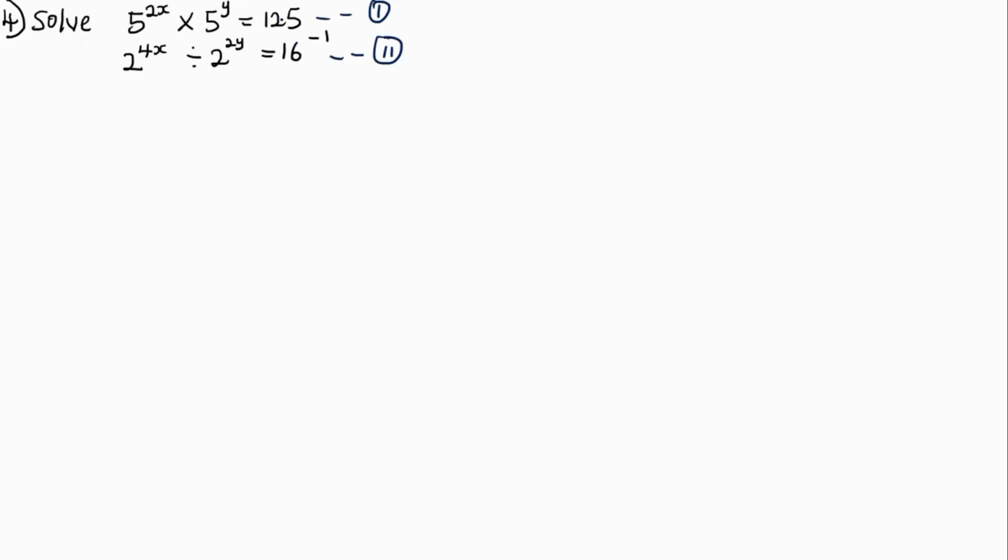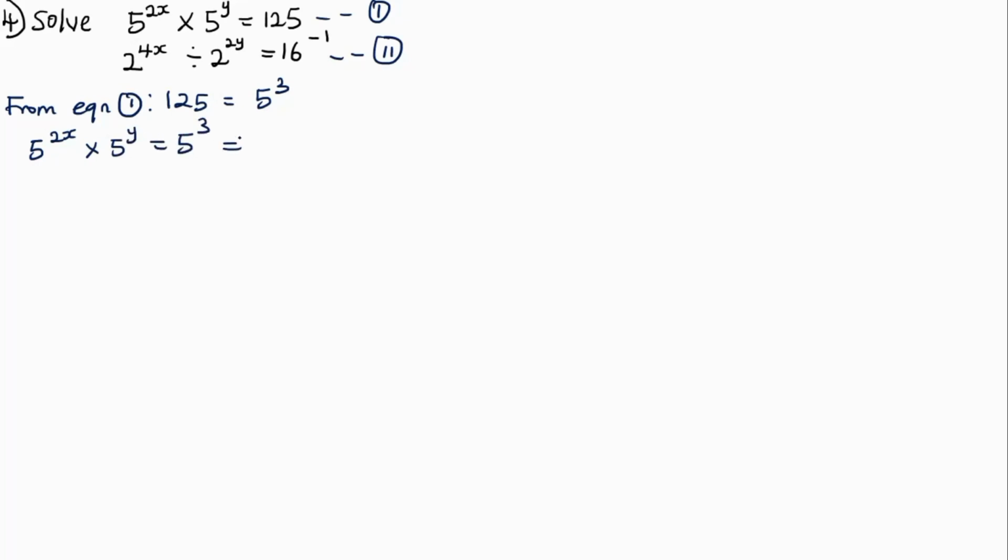We can rewrite equation 1, especially 125 as a power of 5. From equation 1, 125 as a power of 5 means 5 raised to the power of 3. So from equation 1, we have 5 raised to the power of 2x multiplied by 5 raised to the power of y is equal to 5 raised to the power of 3.